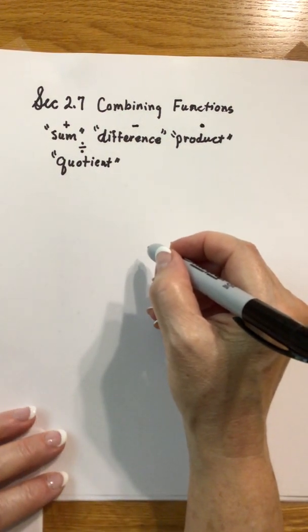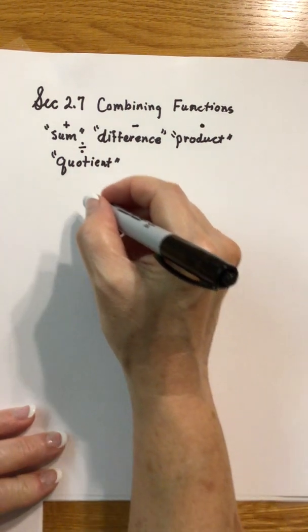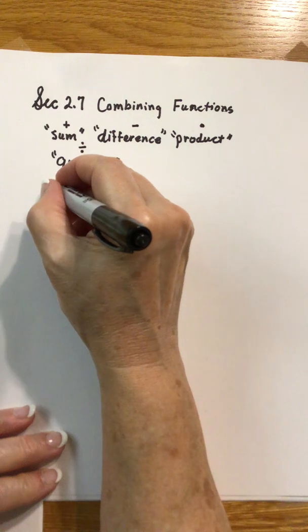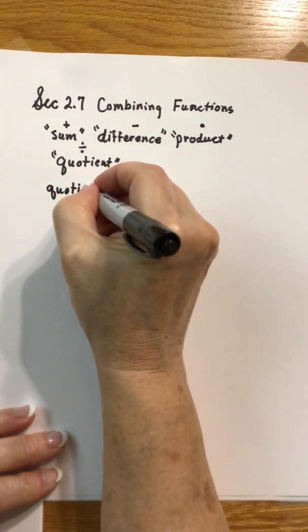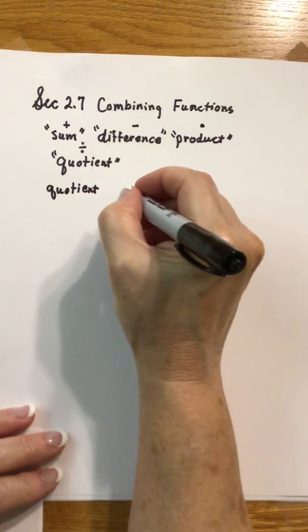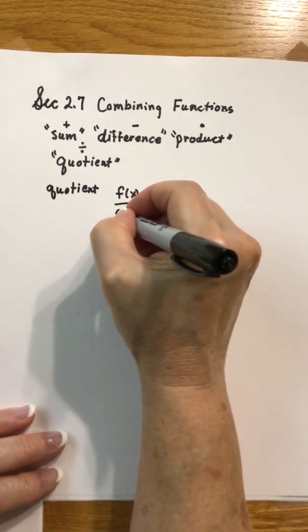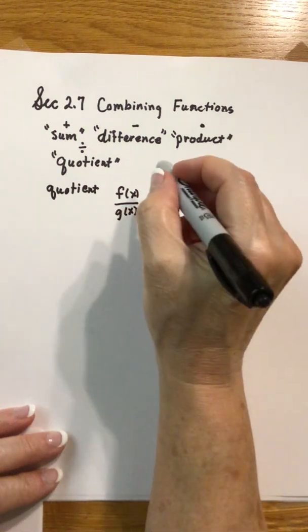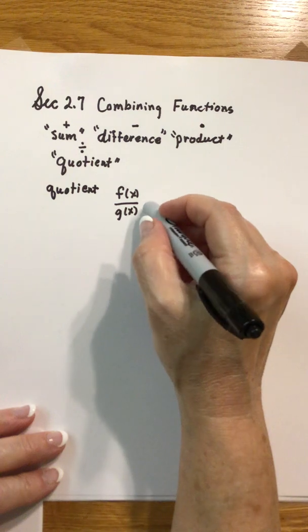So we're also going to take into consideration the domain of these particular things, but the one specifically we're going to talk about is the quotient. If I have two functions, f of x divided by g of x, that are combining f and g through the quotient, we know this is a fraction then, right?